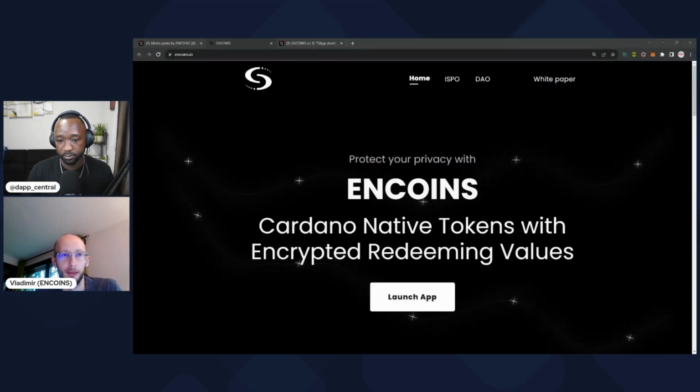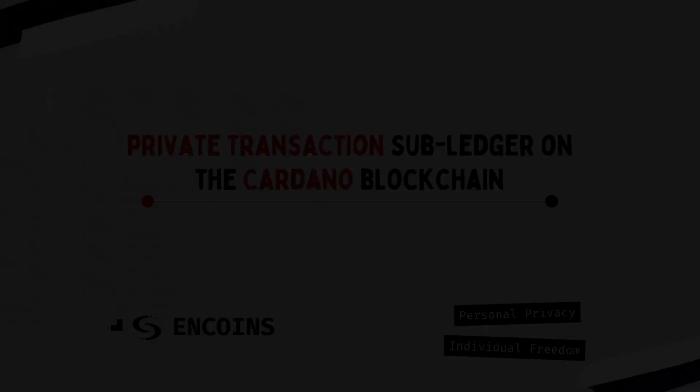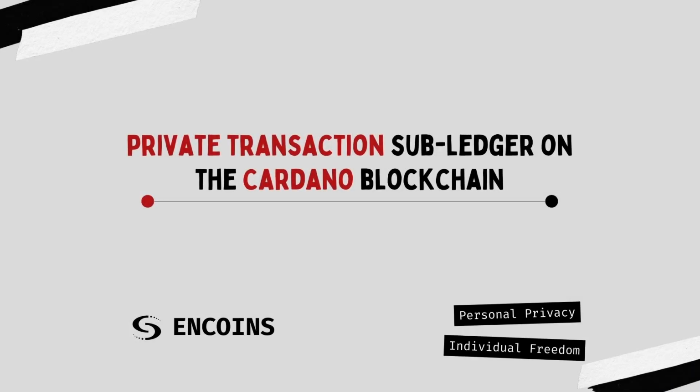For that reason, we need privacy protocols to restrict what you can see as an external observer on the blockchain. And so we are building ENCOINS, a privacy protocol on Cardano, which is based on NFTs.